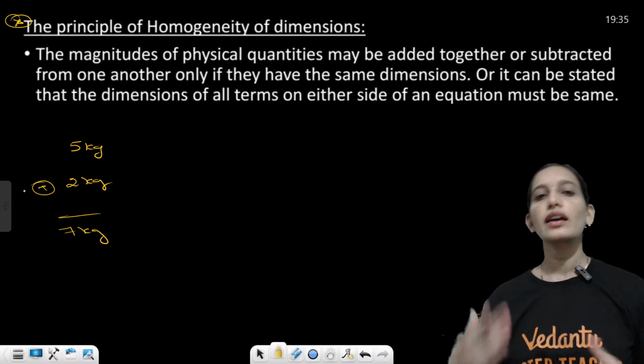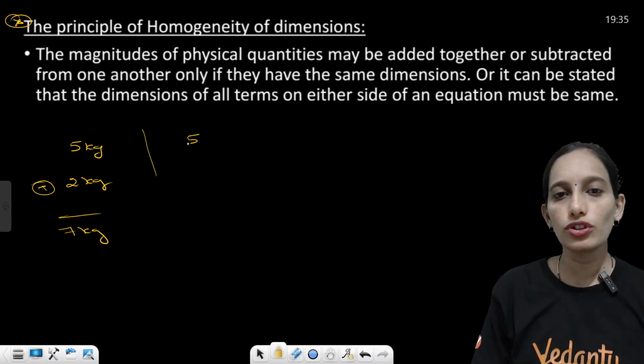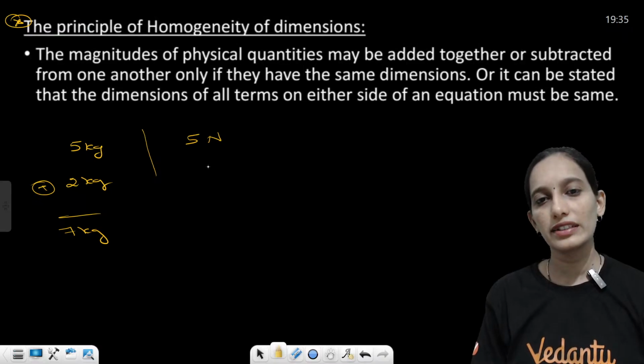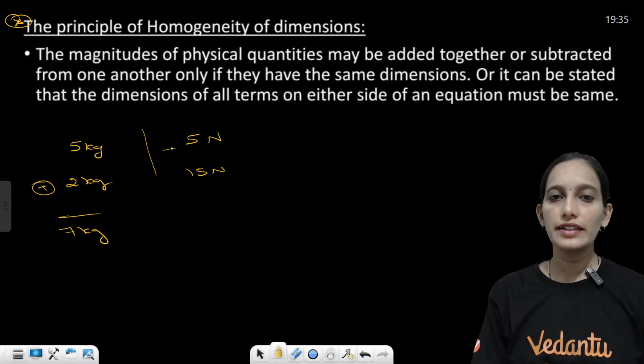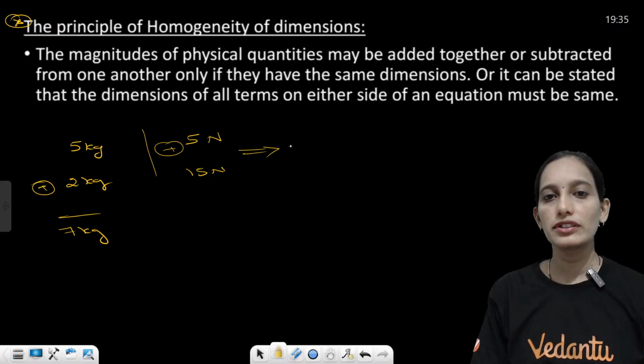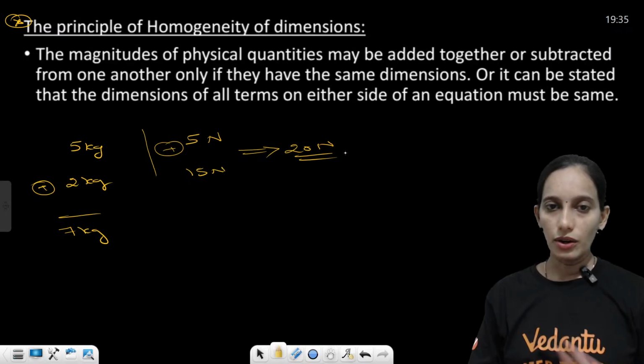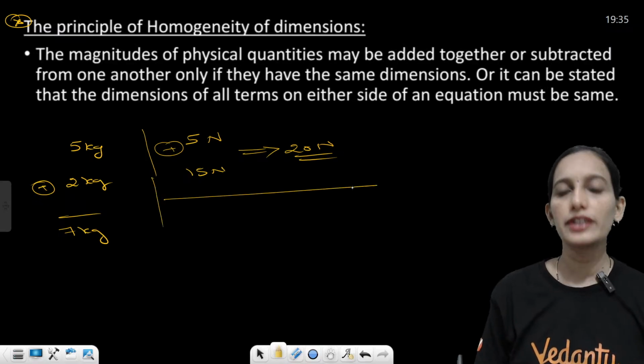Correct? Then I say there is a force of 5 Newton and some force of, let us say, 15 Newton. Again I tell you to add, and without doubt you will say, okay, 20 Newton force. Now till here you had no doubt.